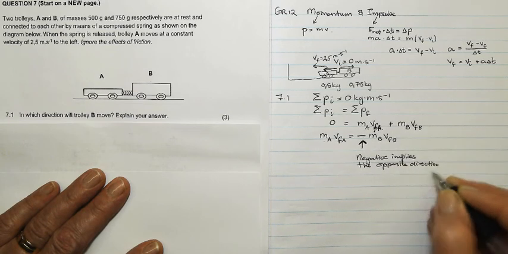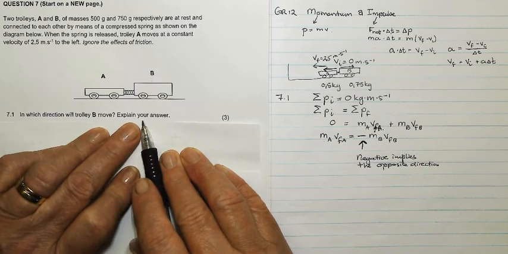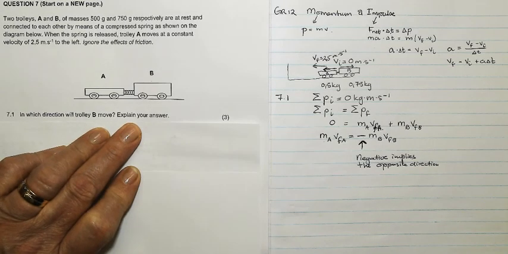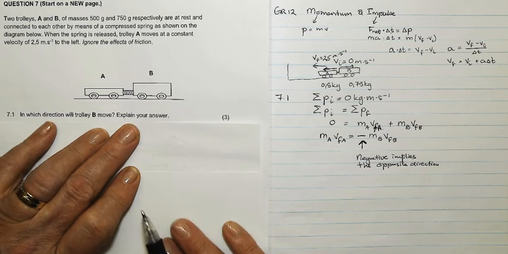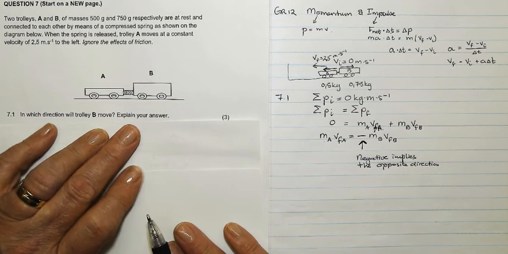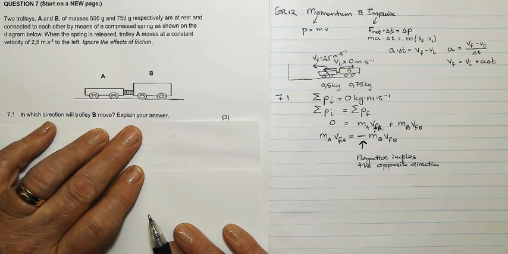So basically, I can explain my answer by saying that trolley B would have a negative momentum compared to trolley A because it's moving in the opposite direction. So its velocity will also be in the opposite direction.